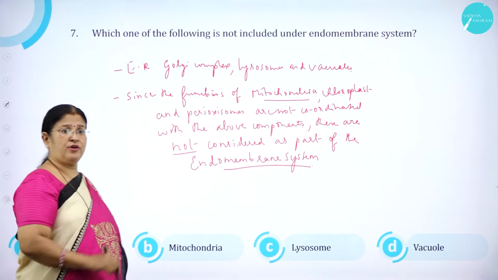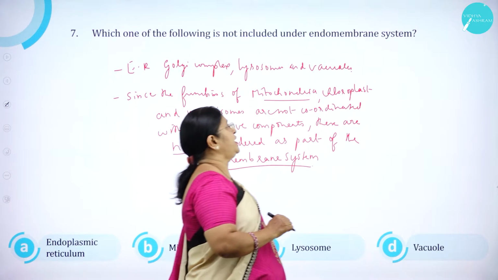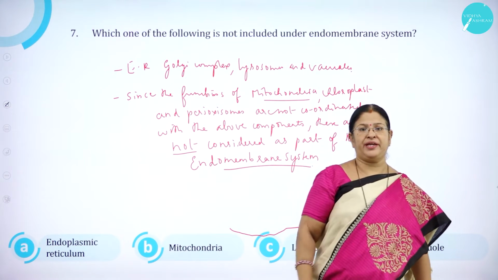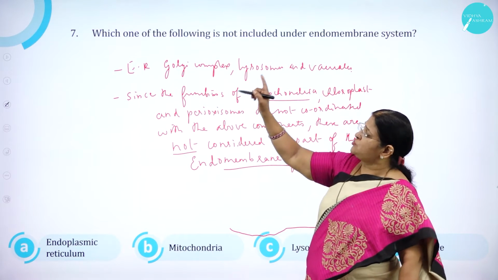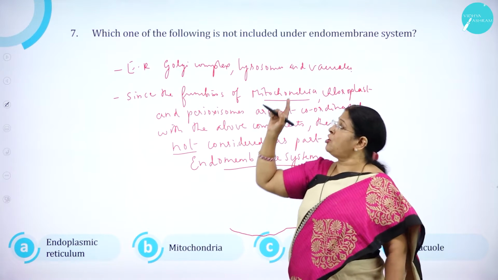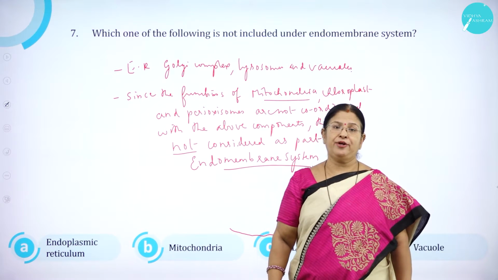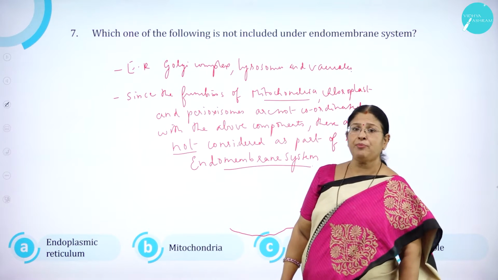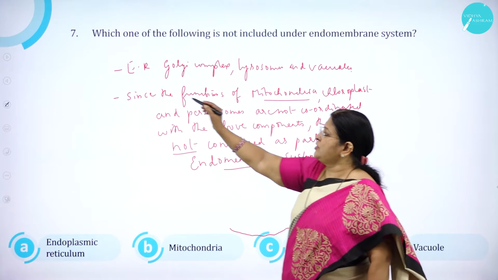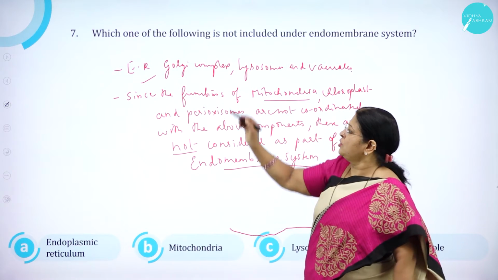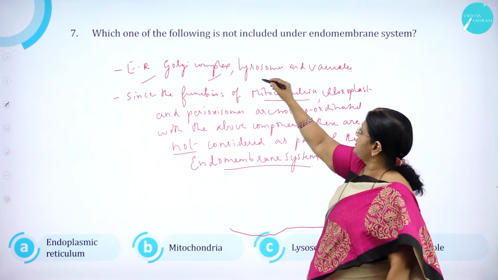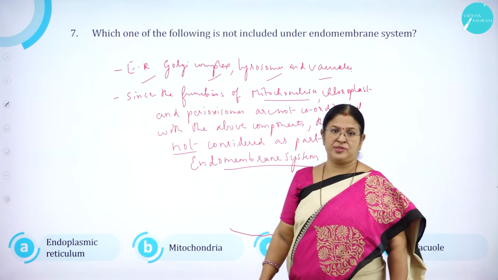Which one of the following is not included under endomembrane system? Endomembrane system includes endoplasmic reticulum, Golgi complex, lysosomes and vacuoles.